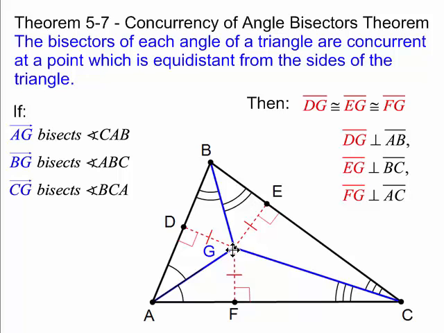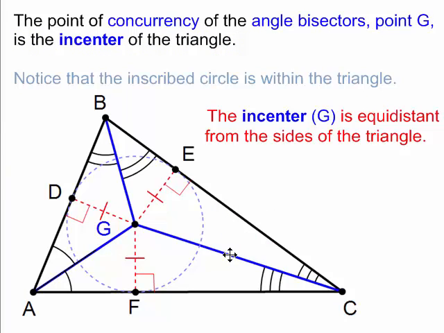Then you have that incenter, which means that you can draw a circle that is equidistant from the sides of the triangle. So this radius of the circle is obviously the same length as that radius, that radius.